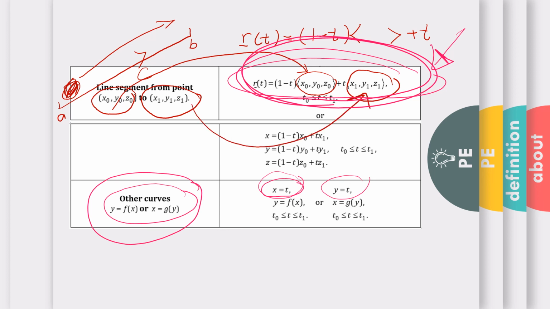Then you try to modify the equation until you get your r(t). And do not forget to get the points from A to B. Normally if you have a line segment, the parameter t is from 0 to 1, t0 to t1, which is from 0 to 1.